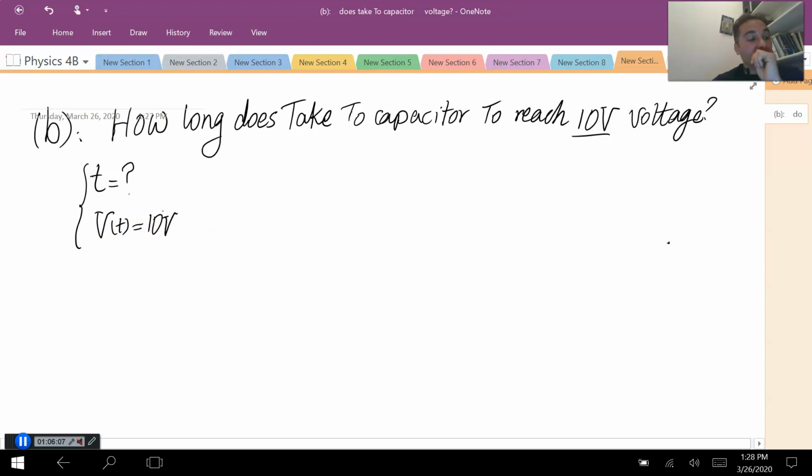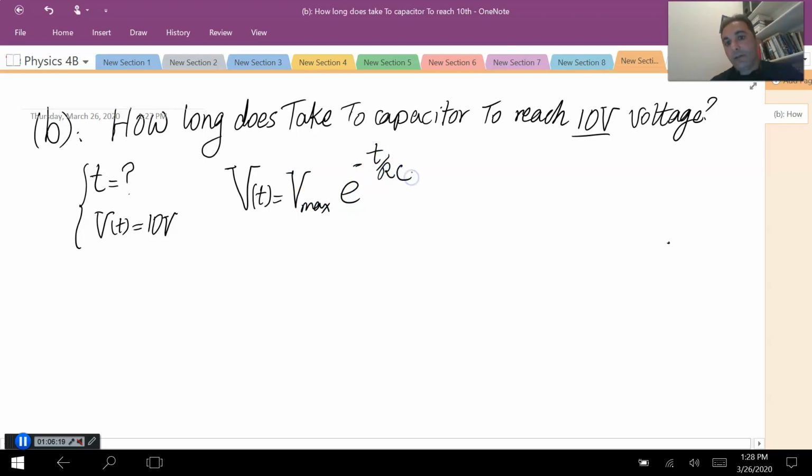Again, I'm going to use this equation. Vt is equal to Vmax e to the negative t over RC. But this time your unknown is time. Watch it. So Vt is 10.